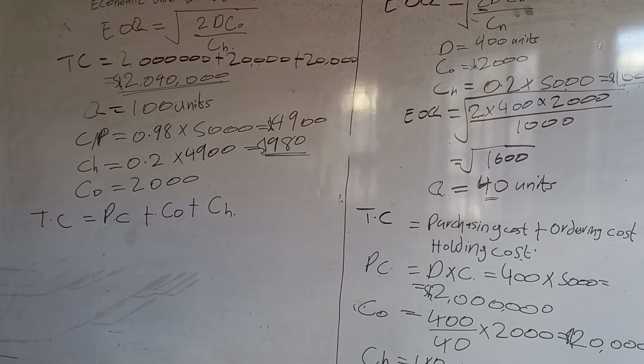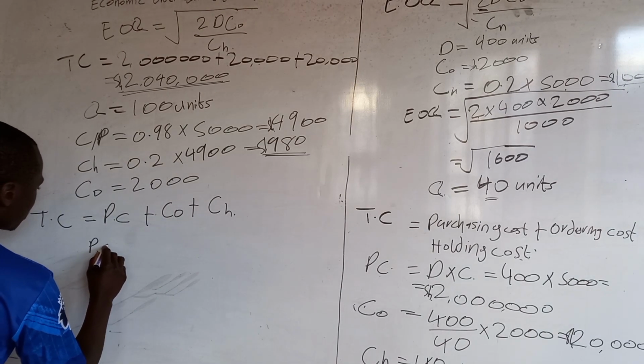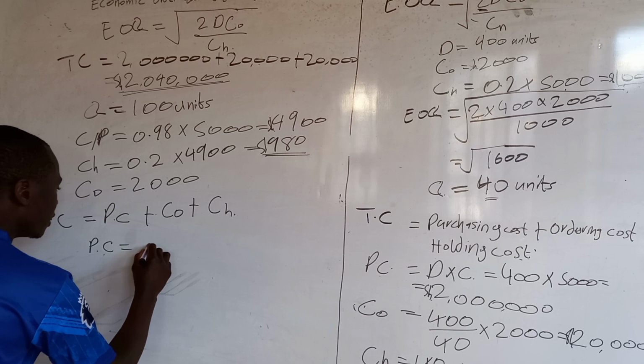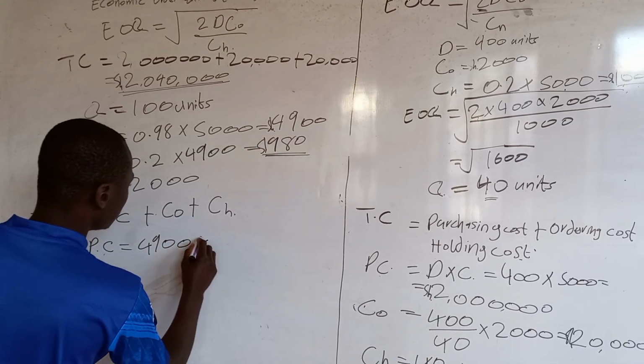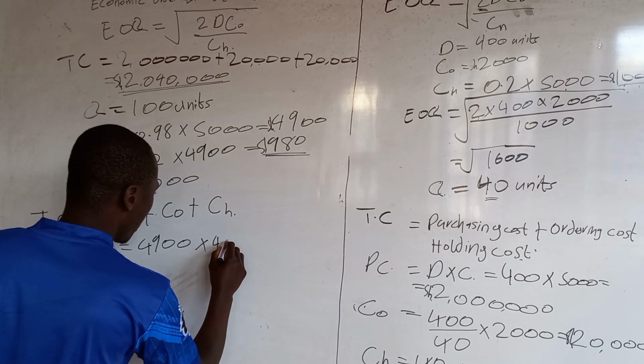So let us find PC here. Therefore, purchasing cost will be 4,900 times how much, what was the demand?